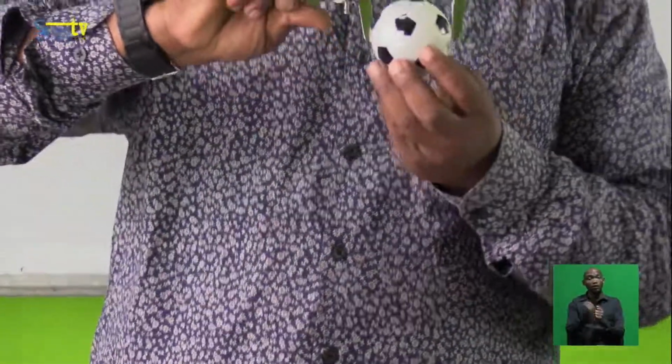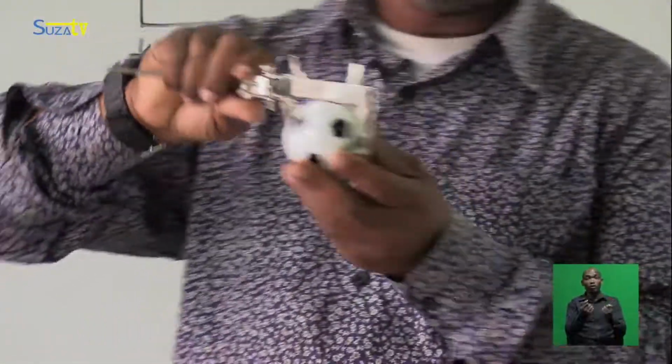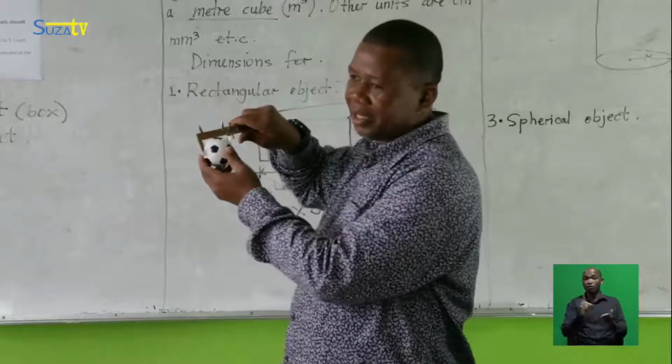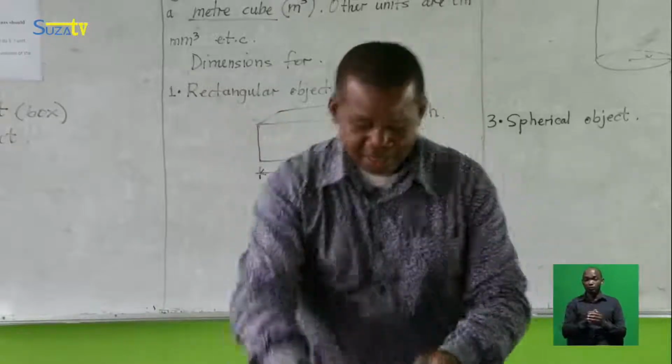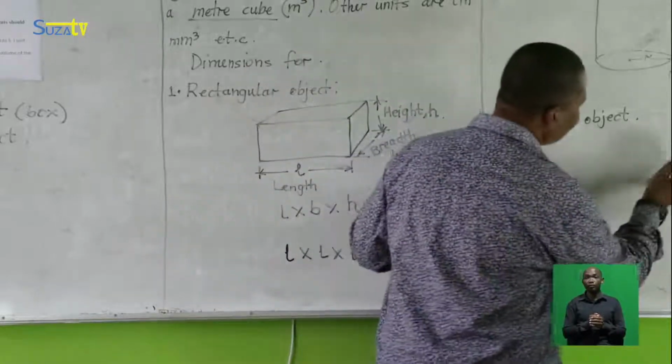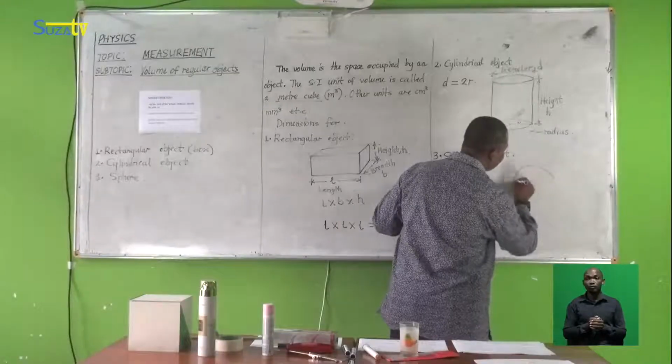So in this way, you can note down the value of the diameter from the vernier caliper, okay? So this can be seen like this.